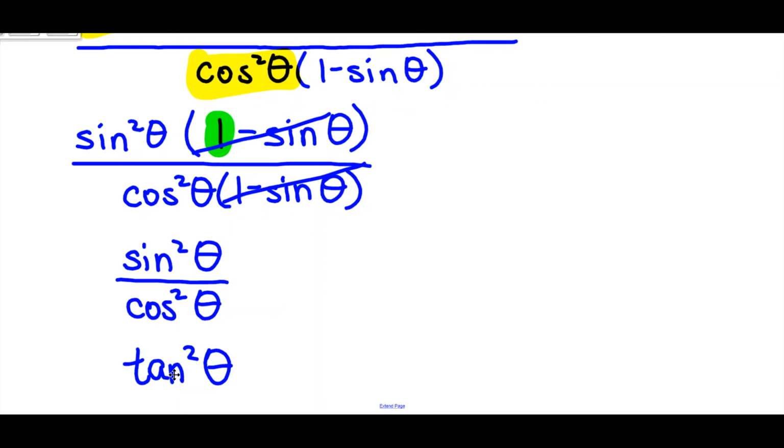You could show it by actually expanding it and then bringing it back down. But for the purposes of what we're doing, you can use that sine squared over cos squared is equal to tan squared. So we have actually, in this process, gone through and shown that that complicated fraction that we had at the beginning is equal to tan squared theta, which is QED.